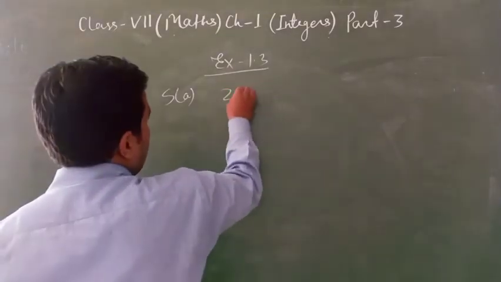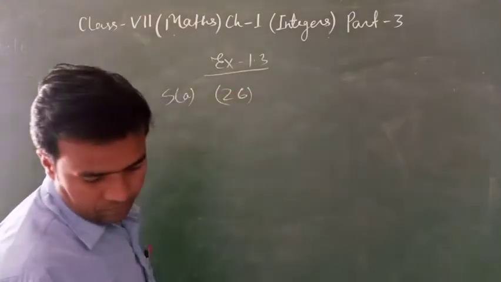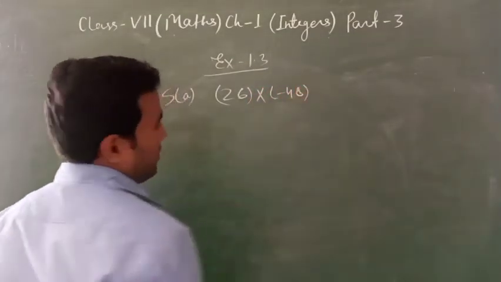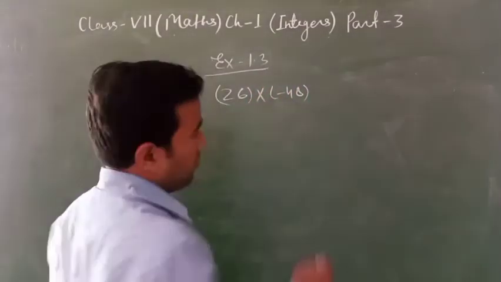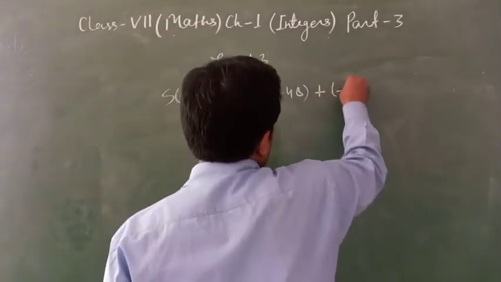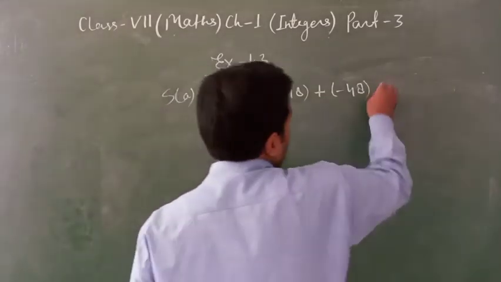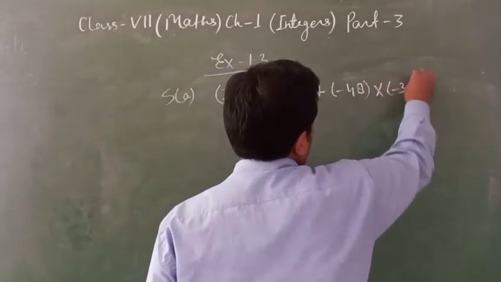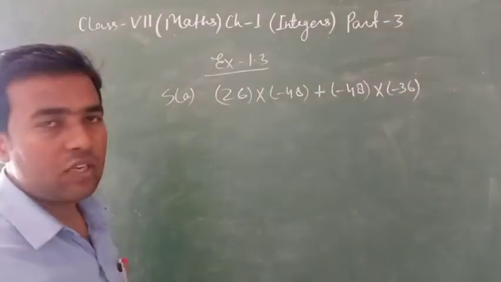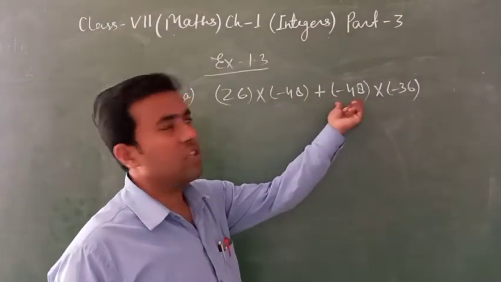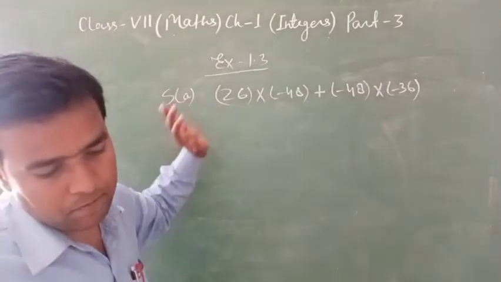26 into minus 48 plus minus 48 into minus 36. Okay, so here see, minus 48 is here, minus 48 is here. Clear?